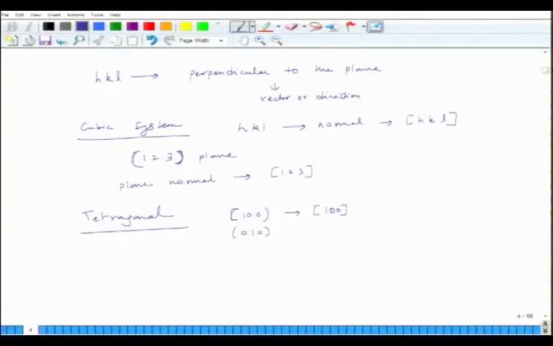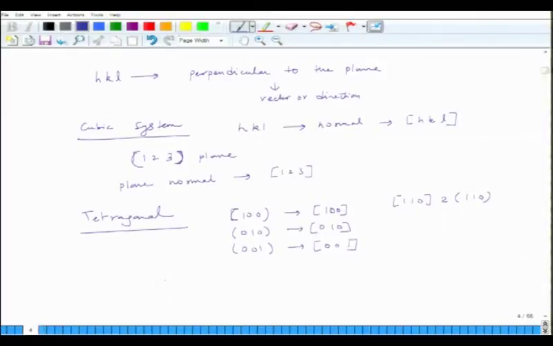0, 1, 0 and 0, 1, 0, they are fine. 0, 0, 1 and 0, 0, 1, they are fine. 1, 1, 0 and 1, 1, 0, they are fine.